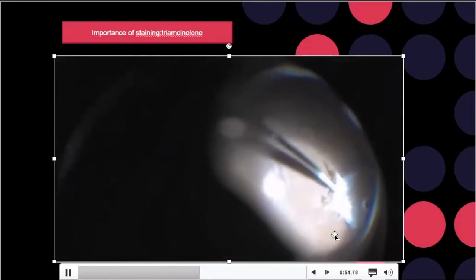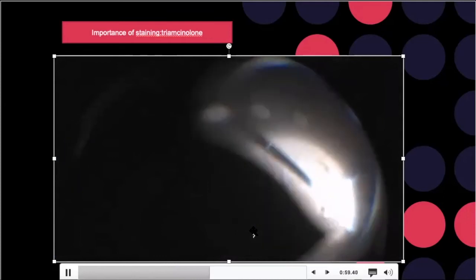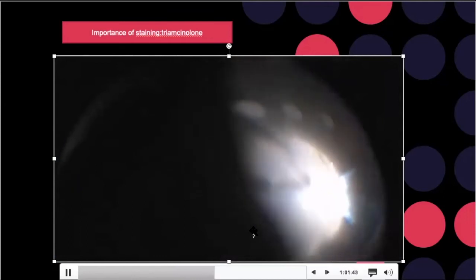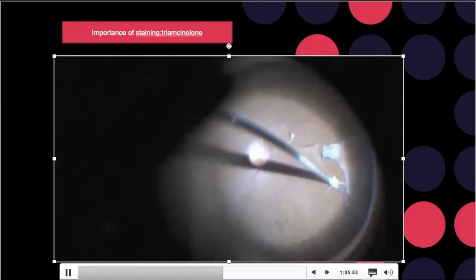And initially we thought that we probably have cleaned up most of the gel, pretty quite happy. Then we decided probably we should give a try and still inject a bit of triamcinolone at the end of the surgery to make sure that we have cleared up everything.